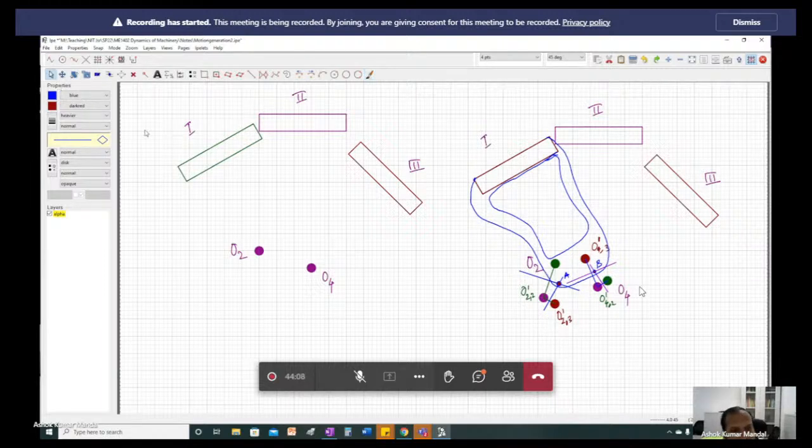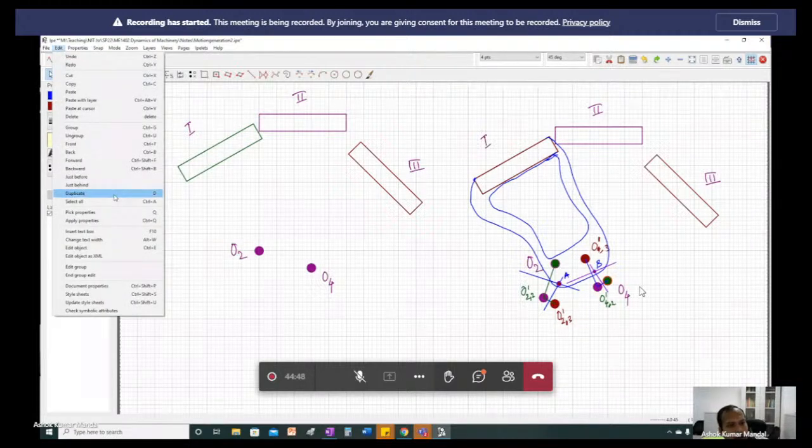Let me copy that from here and draw it somewhere else. So this is position O2, this point is A, this is B, and this was O4. Can we copy it and draw it somewhere?